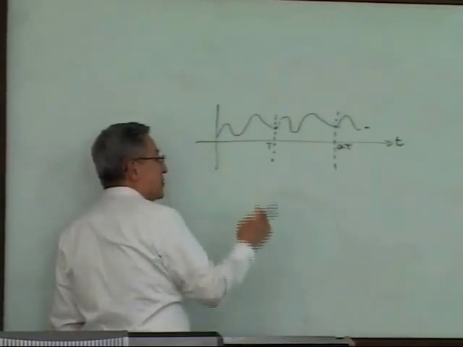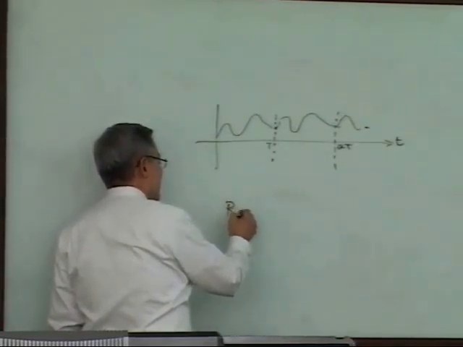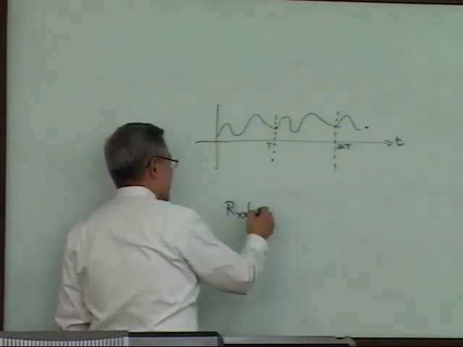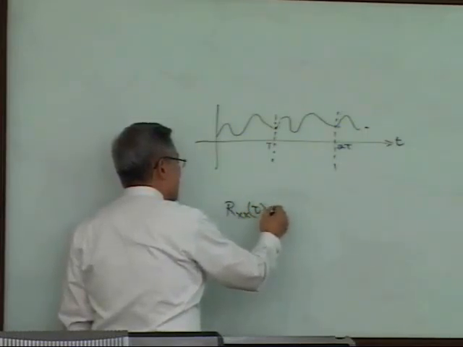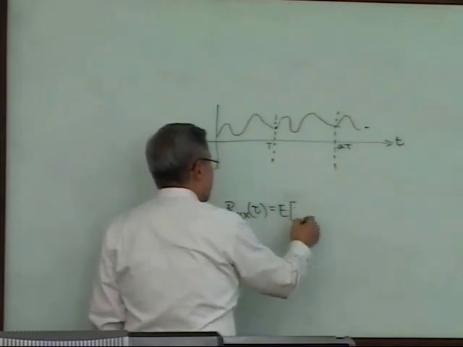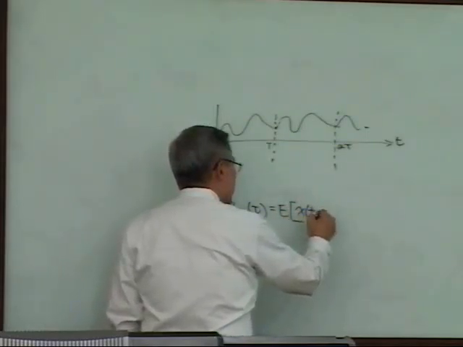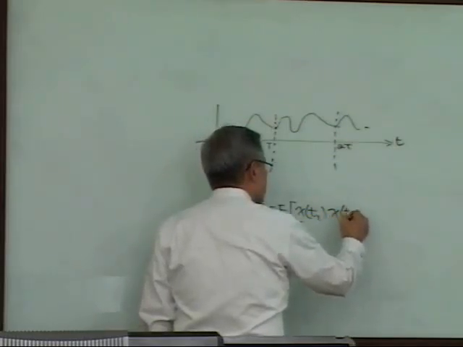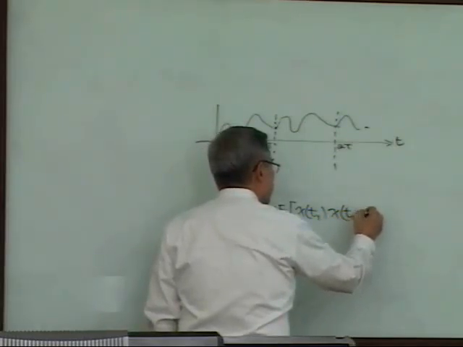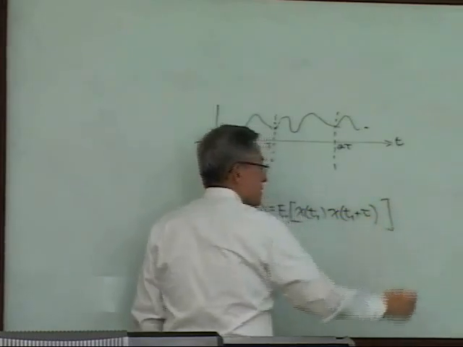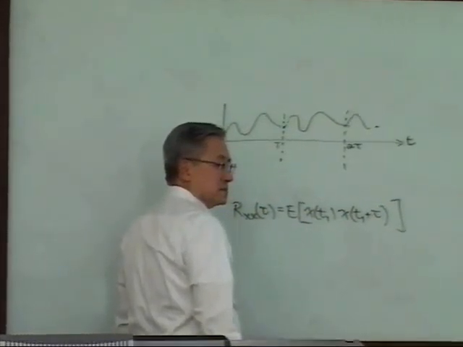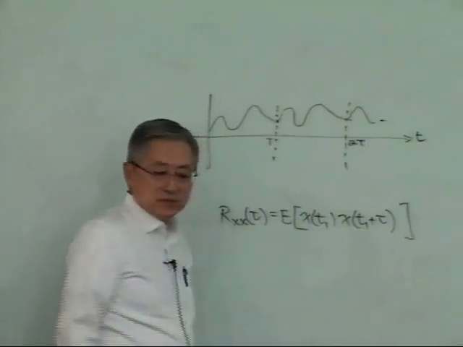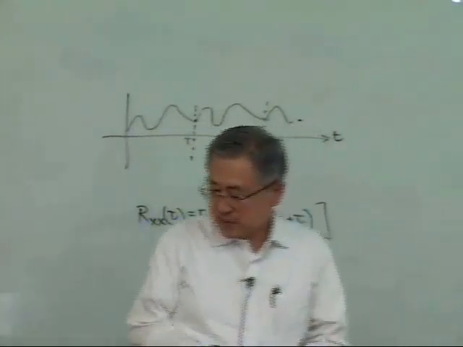You need two points to get the R_xx(tau), which is really the expectation of any arbitrary point x(t1) times x(t1 plus tau).